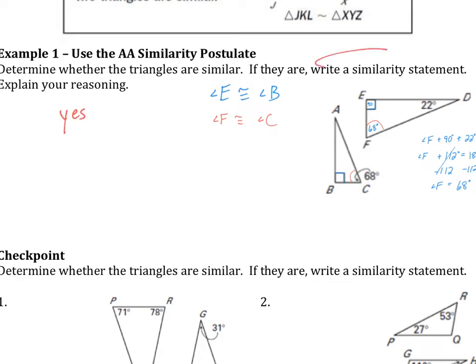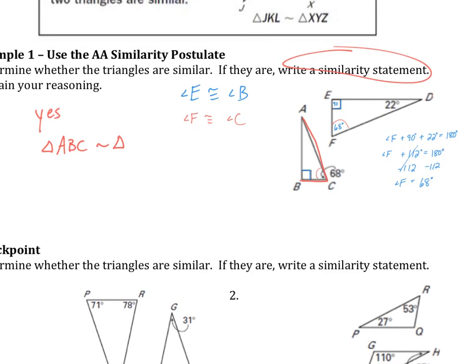And it says to write a similarity statement. So how I would write the similarity statement is, all right, well, triangle ABC is how I would name the first triangle, A, then B, then C. So when you name the second triangle, you've got to match up the corresponding parts. So what angle matches up with angle A?